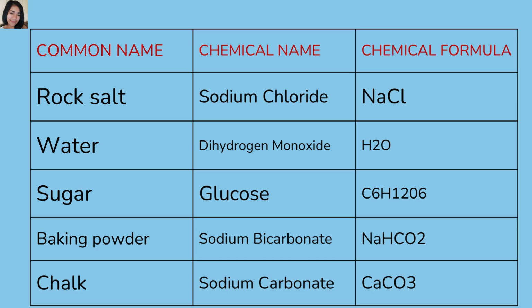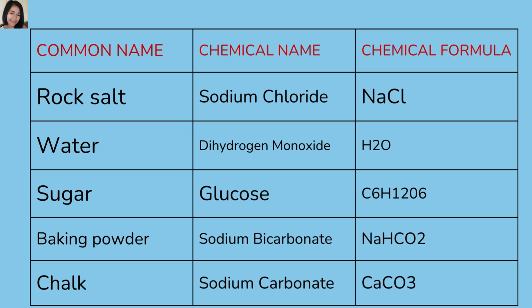Meron po tayong rules na dapat sinusunod pag naging compound na yung element. So, ano yung compound? So, yung compound is the combination of two or more elements. So, pag-aaralan natin yan sa susunod na lessons. Okay? And then, for the water, itong tinatawag natin na dihydrogen monoxide, and for the chemical formula, H2O.